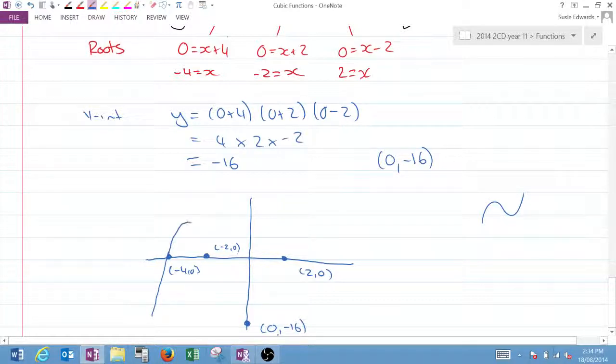I then need to turn to get through the next point. I need to get through the y-intercept, and then up through the next one. Arrows. An equation. And you're done.